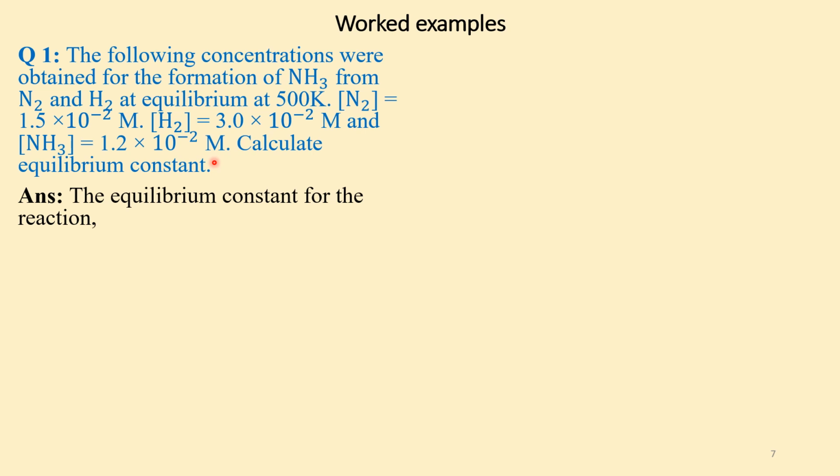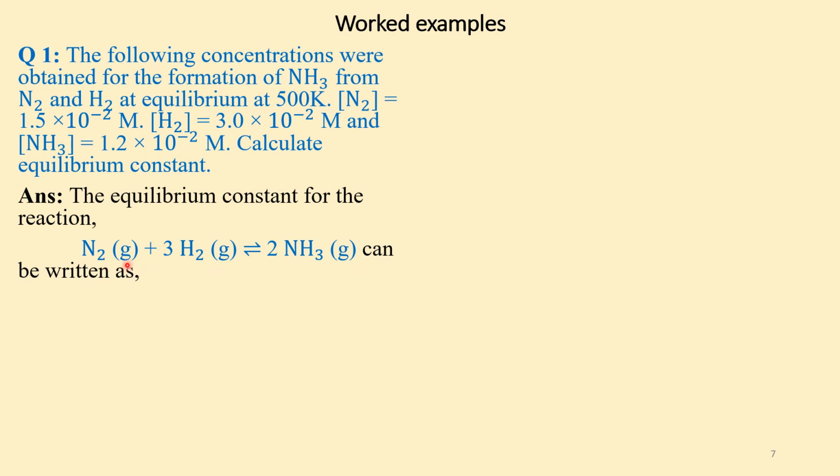Let us solve it. The equilibrium constant for the reaction N2(g) plus 3H2(g) reversible reaction 2NH3(g) can be written as follows.